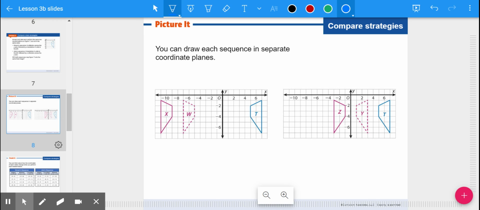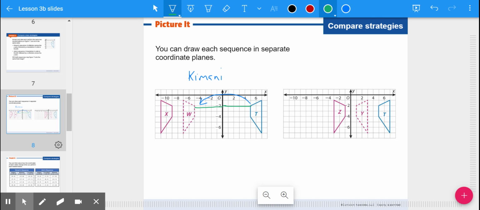If you look, this is Kimani. Kimani took figure T and reflected it across the y-axis first. That means it flips over the y-axis. It's the same number of units away, it's just all reversed. For instance, this is 1, 2, 3, 4, 5 units away, and then it should be 1, 2, 3, 4, 5 on the other side.